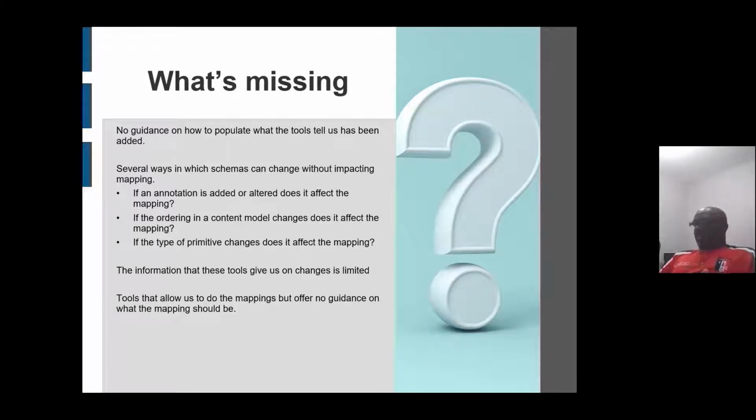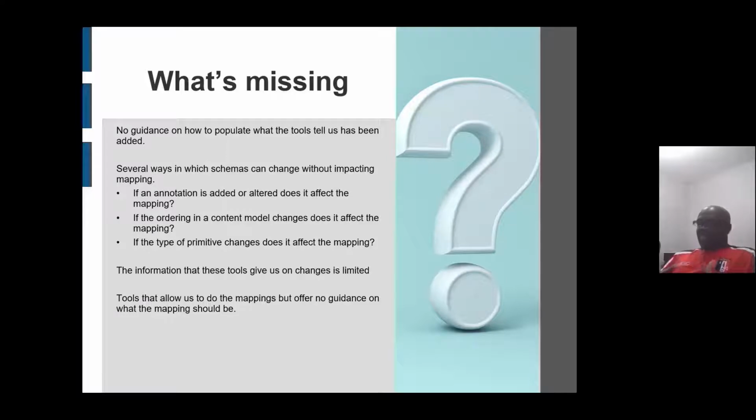And also the type of primitive. So you might go from one kind of string to a more restrictive kind of string. Well, essentially that's not really going to change the mapping. It may affect the validation. So there's quite a bit of information there that's not helping us in understanding what we actually need to map.